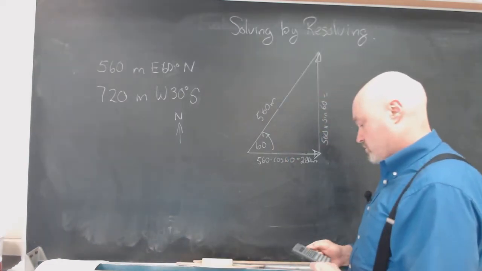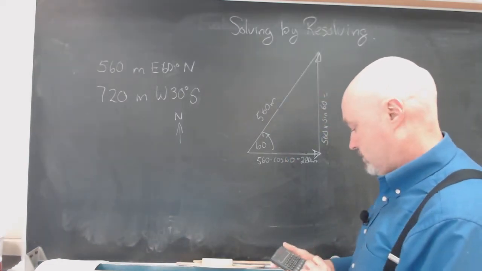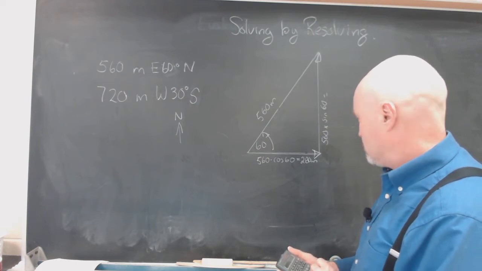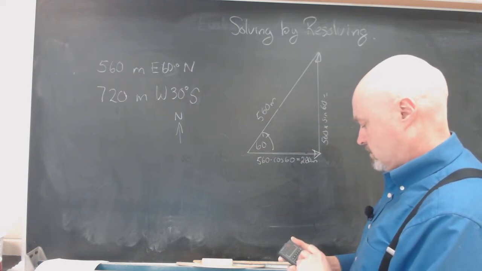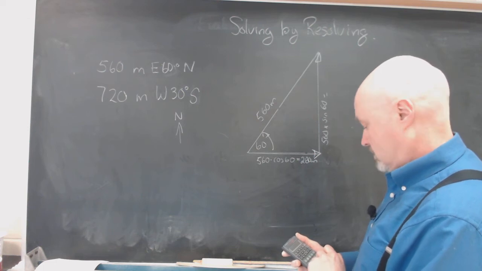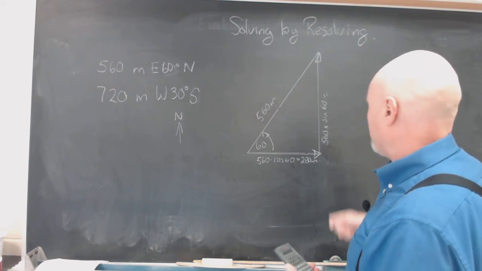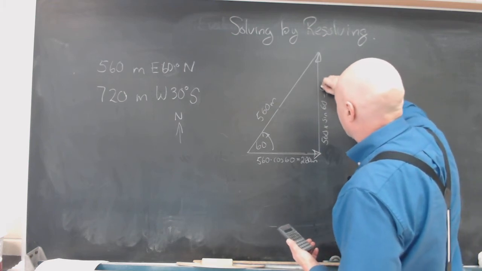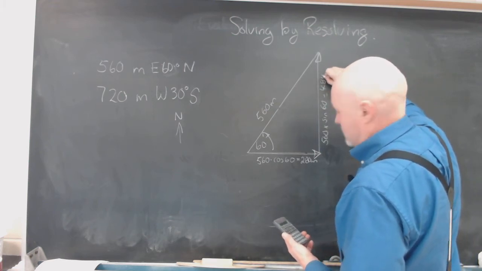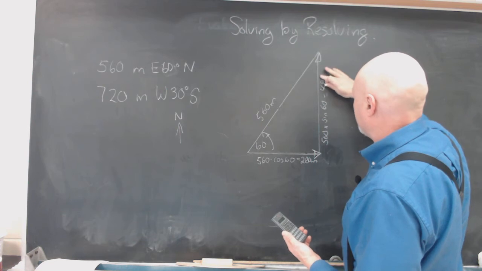I could probably do this in my head, but I don't want to. 560 times sine 60 equals 484. Okay, I'll carry 485.